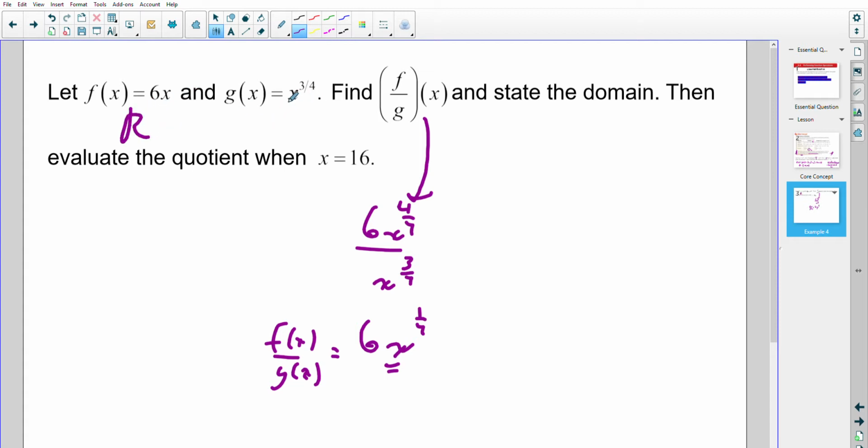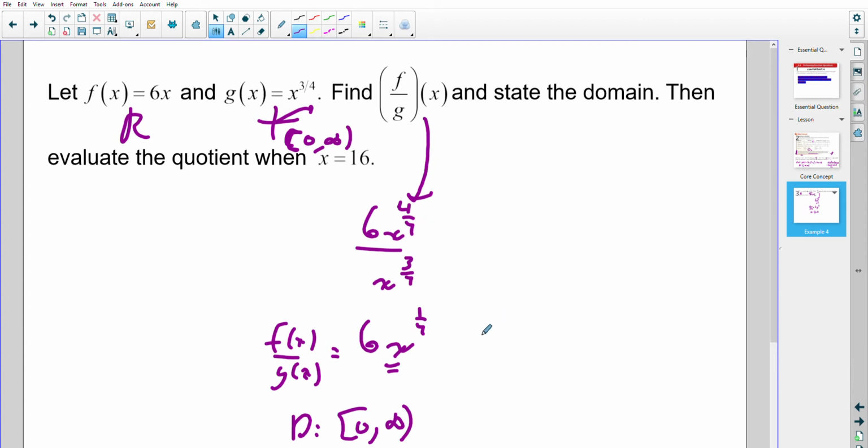The domain of this one is actually, the graph looks like this, so the domain is going to be including 0 to infinity, which means that the domain of this one is going to be the overlap, which is going to be including 0 to positive infinity.